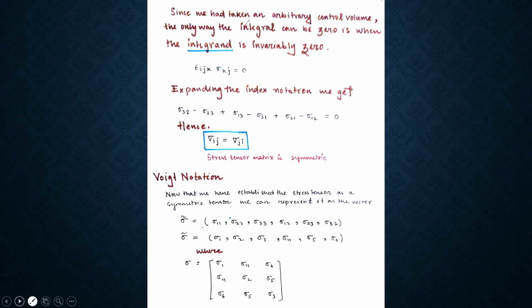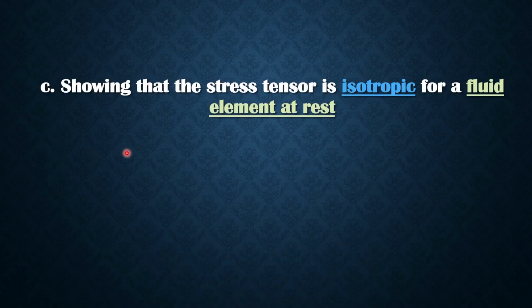Now, the next step in this, we need to show that the stress tensor is isotropic for a fluid element at rest. Now, what is isotropic is, the matrix remains the same or is independent of any rotation in the axis. So let's see how we are going to do it.